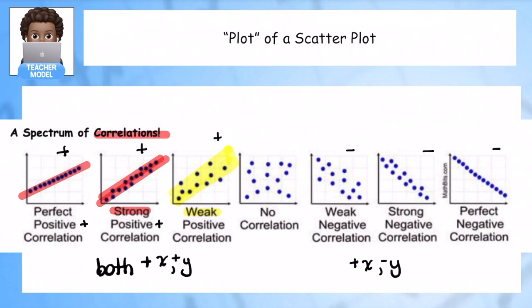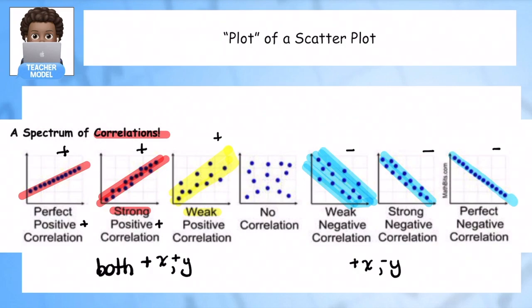All right, so let's start with the weak negative correlation. And again, you can see the trend going down, but they're spread about. And so that's what makes it weak, that they're kind of spread. Versus a stronger correlation, they're more tightened together. When you have a perfect correlation, they make almost a perfect straight line.